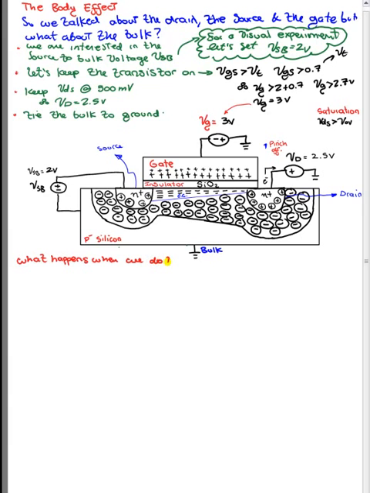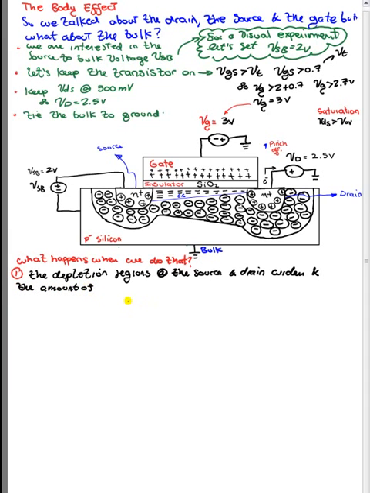When we do that, the first thing that's going to happen is that the depletion regions at the source and drain widen, and the amount of fixed charges uncovered increases.